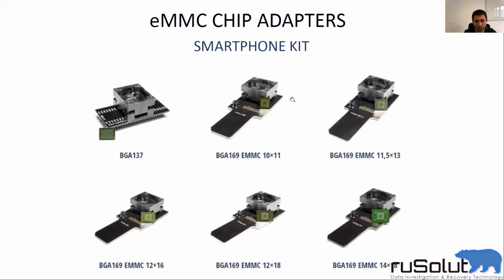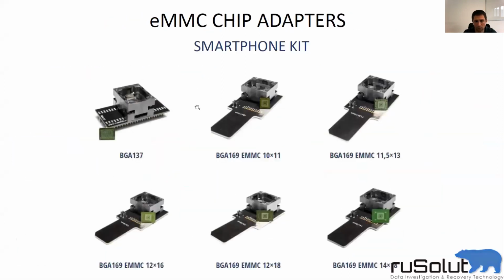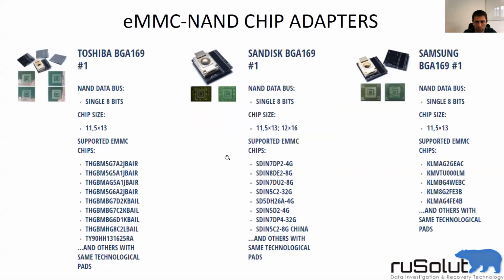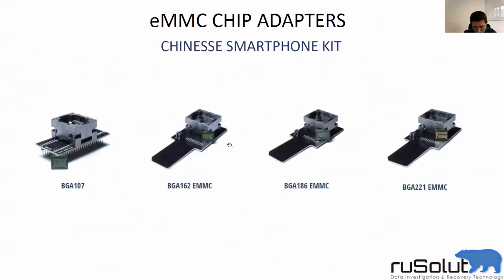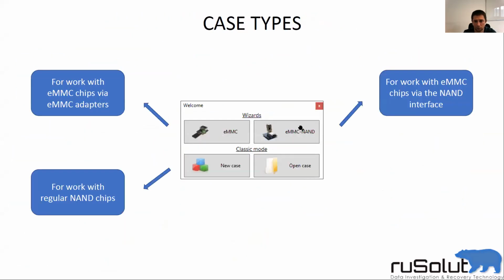Here there are those adapters I mentioned before for working with this mode. All of them have the same pinout but different sizes, so that's why we have 10 by 11 millimeters chips and so on. These eMMC NAND adapters are used for eMMC NAND mode.